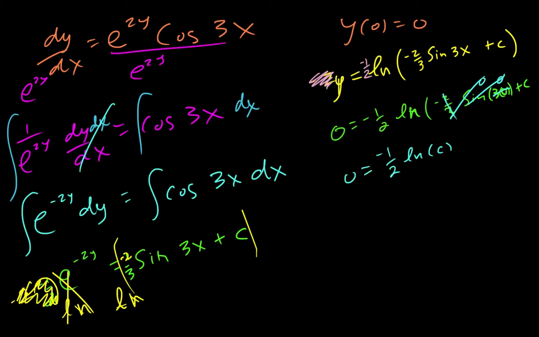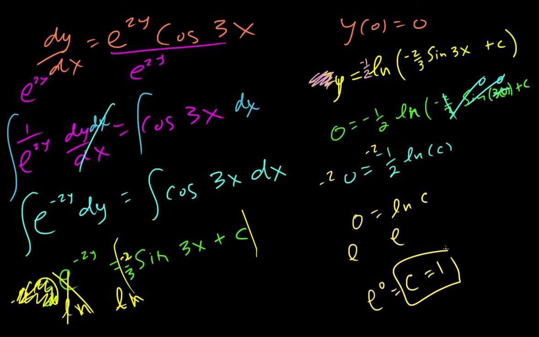We can multiply both sides by negative 2, and 0 equals natural log of c. We take the e of both sides, e of 0 equals c, which is just 1. And so we can just modify this up here, say plus 1.